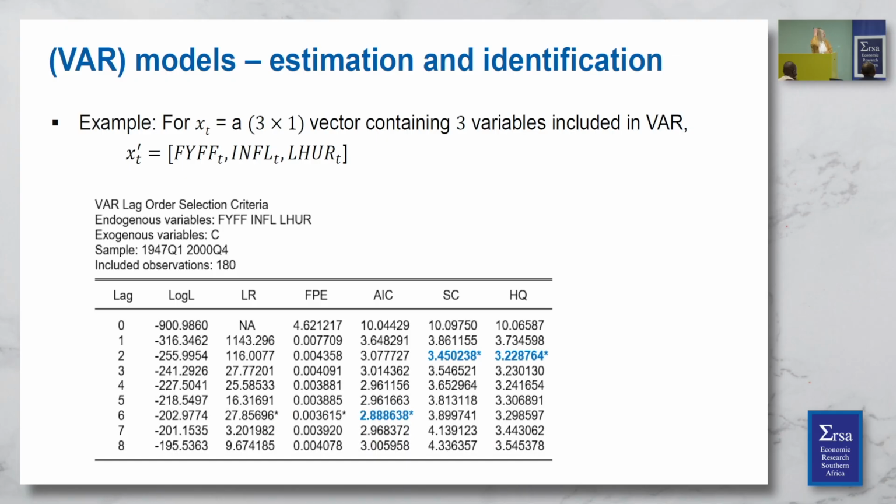So this is in EViews what the output will look like. So if we estimate this 3-variable VAR and we allow for up to, since it's a quarterly model, you can allow for tests for up to 12 or up to 8.